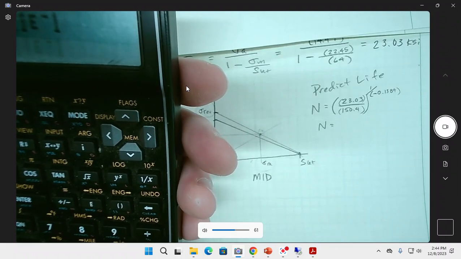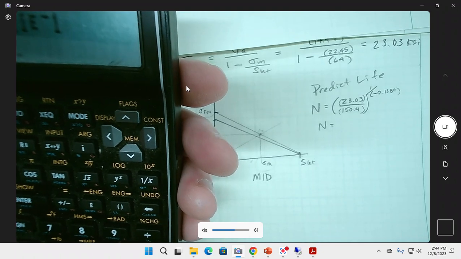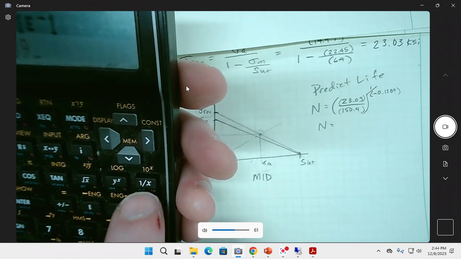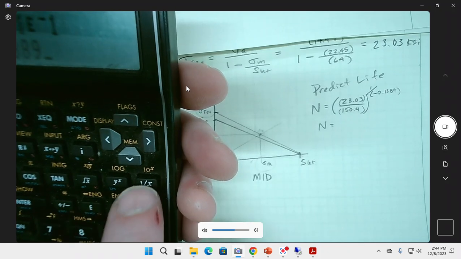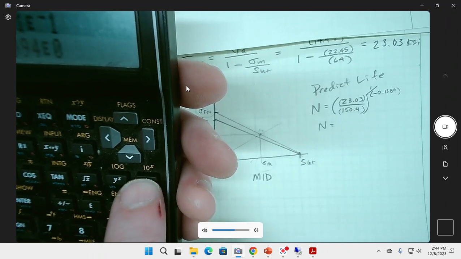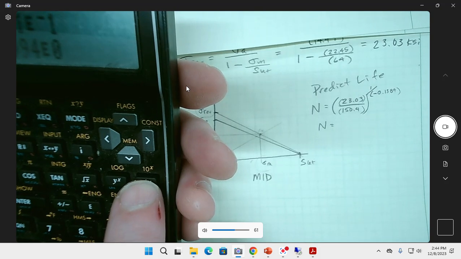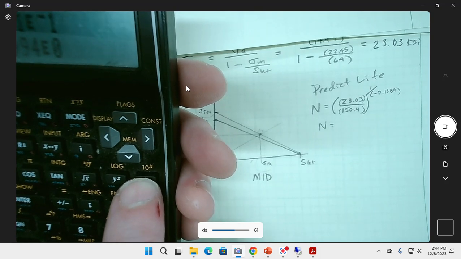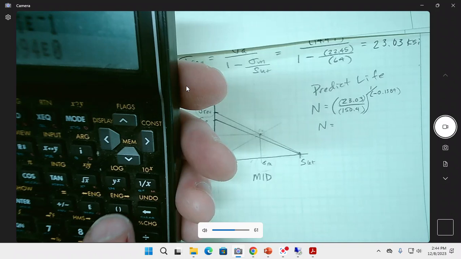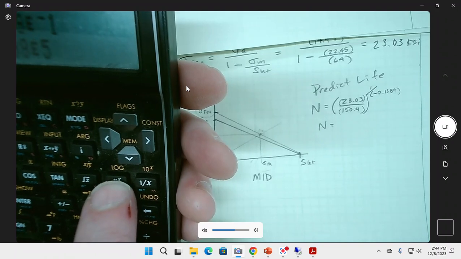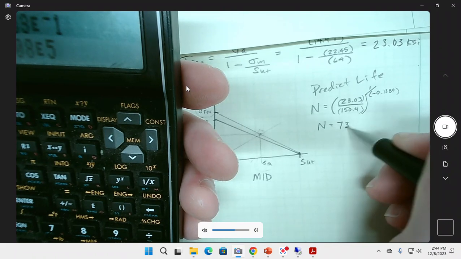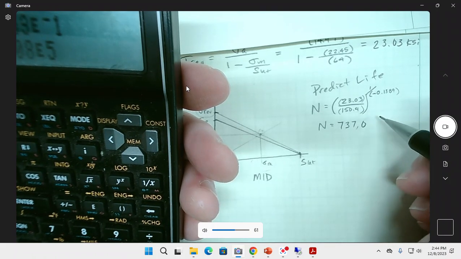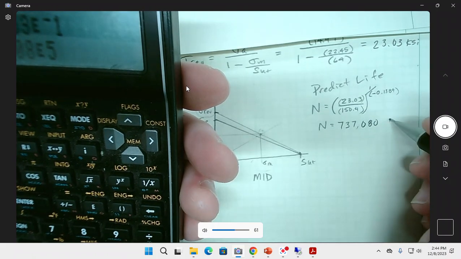And I go 0.1389. I'm a little nervous about this one, but let's see. Yeah, 737,080 cycles.